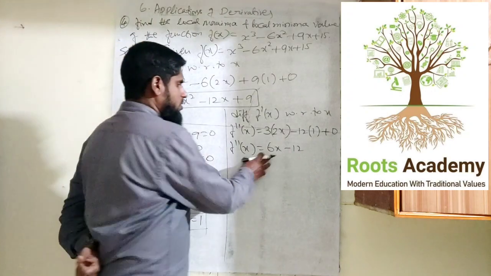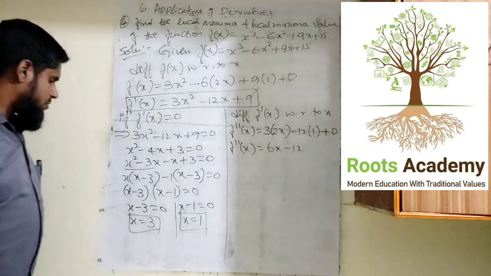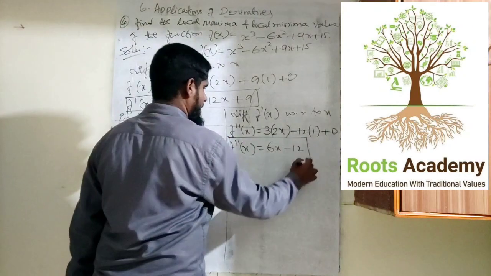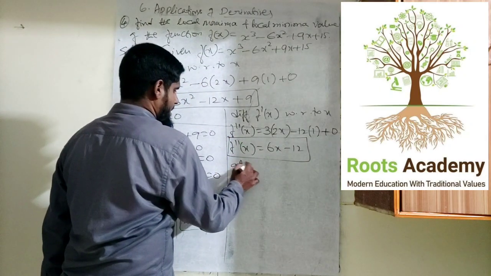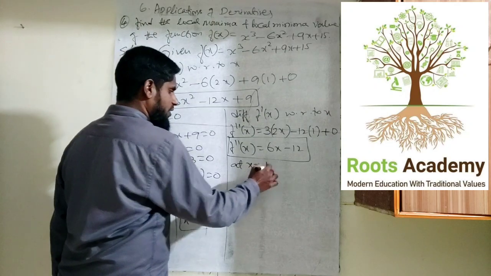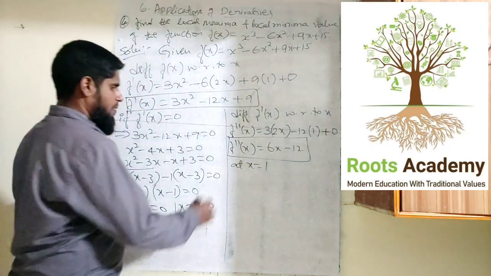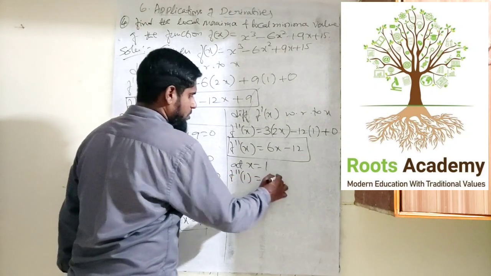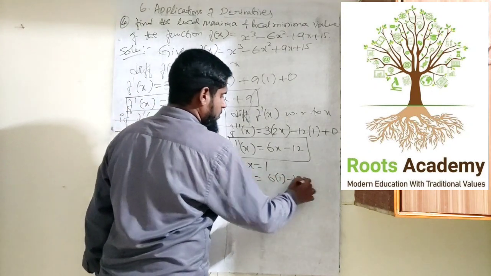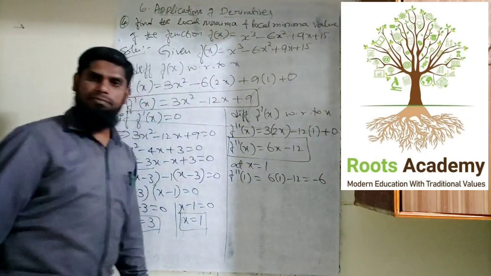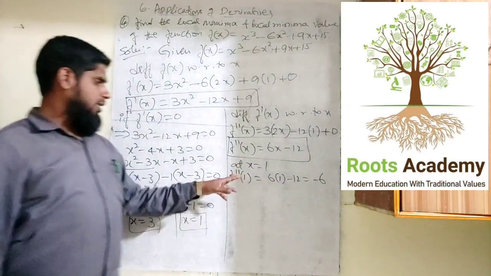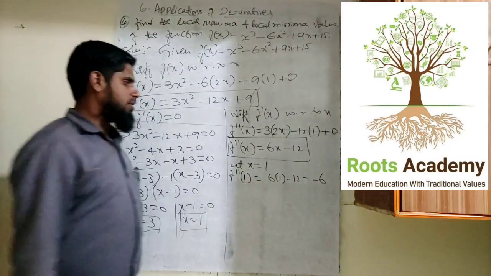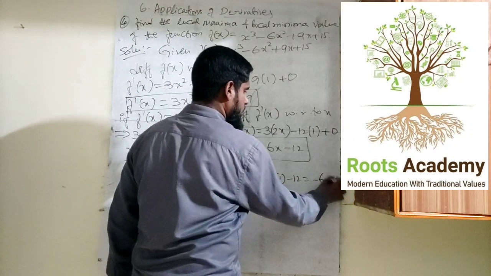So student, I got the second order derivative. Let us substitute these values one by one here. At x equal to, first I will take 1. f''(1) is equal to 6 into 1 minus 12, which is minus 6. So I got the second order derivative negative here at x equal to 1, meaning it is less than 0.